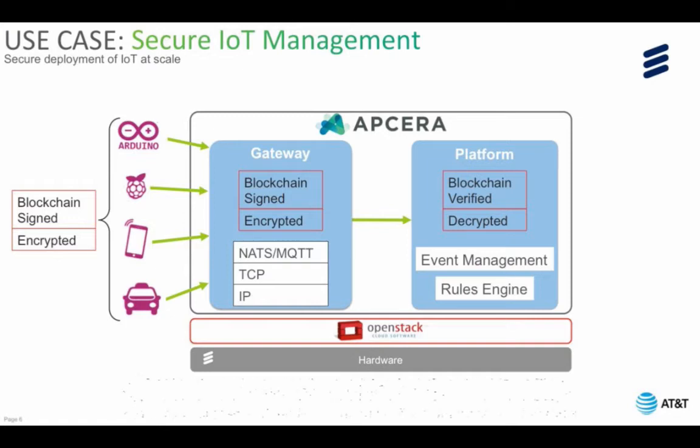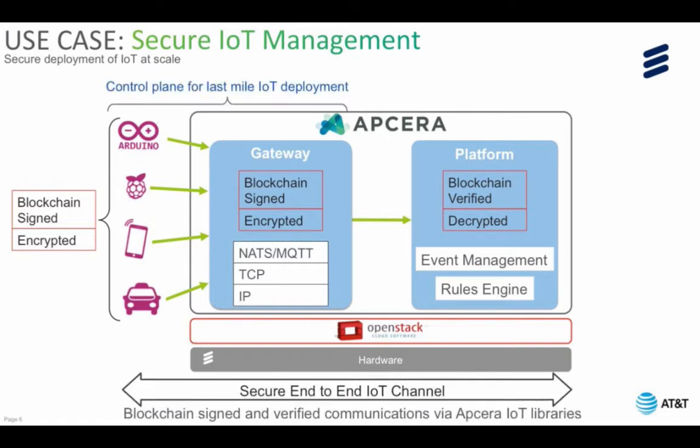The use case here also shows an edge component, as you see on the left side, the Apsara gateway, to ensure that the data from the IoT devices are securely blockchain signed and encrypted. Once that is done, the Apsara gateway would use a protocol like NATS or MQTT to transmit the secure data into the network over TCP/IP.